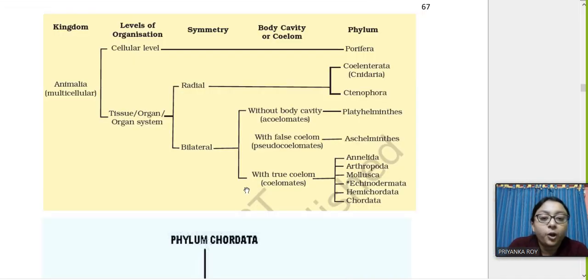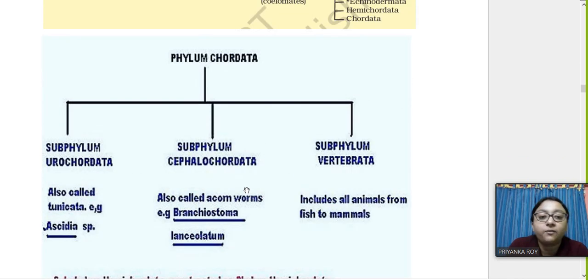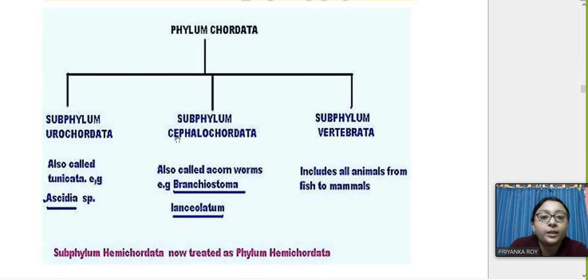So from here, if we give a recap of what we did: phylum Chordata comes under 3 subphyla, mainly Urochordates and Cephalochordates, which are the protochordates, and under Euchordates we have Vertebrata.